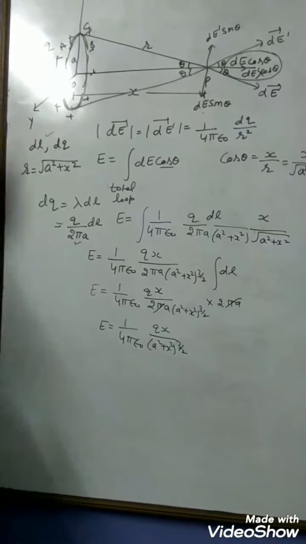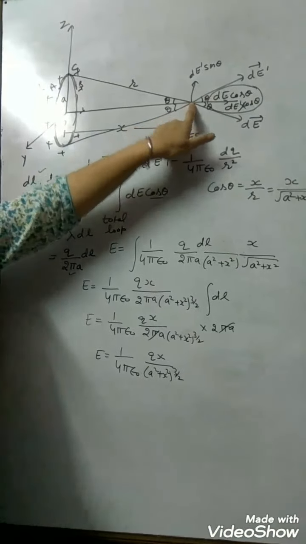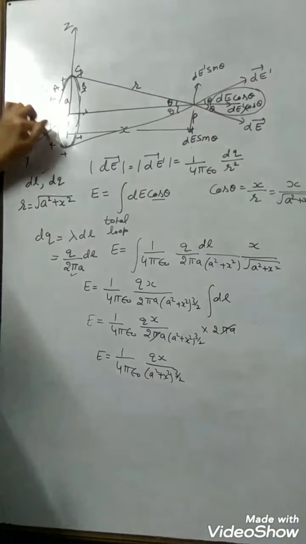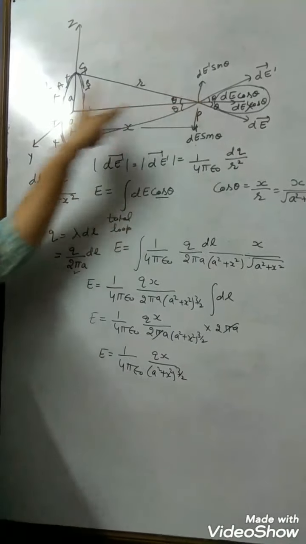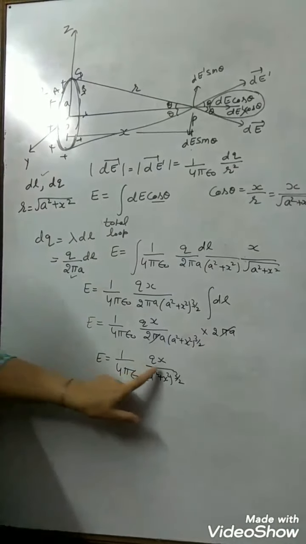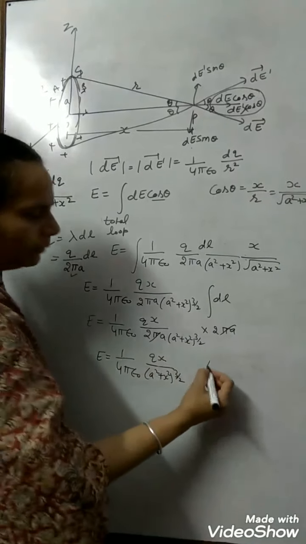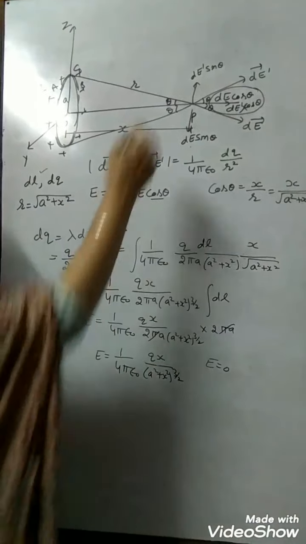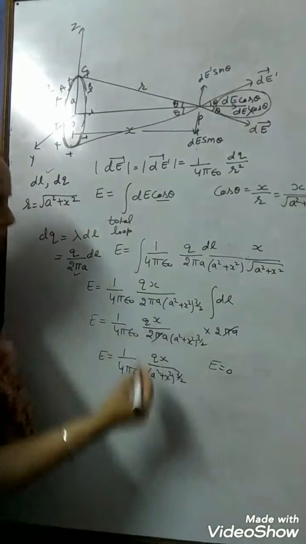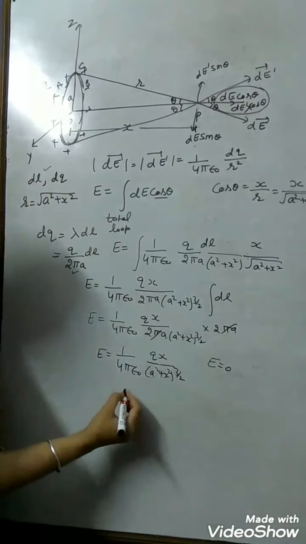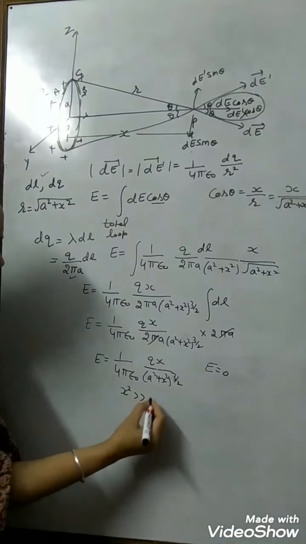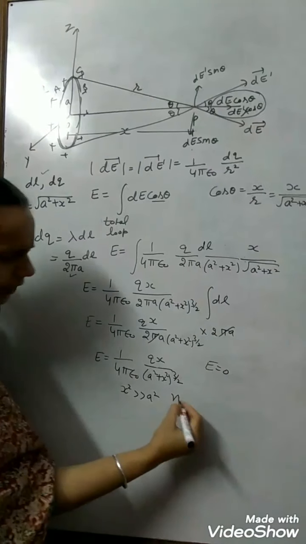This is the electric field at an axial point of the charge loop. If the point is considered at the center, x is 0, then the electric field becomes 0. And if we take it very far away, then x square is very large compared to a square.